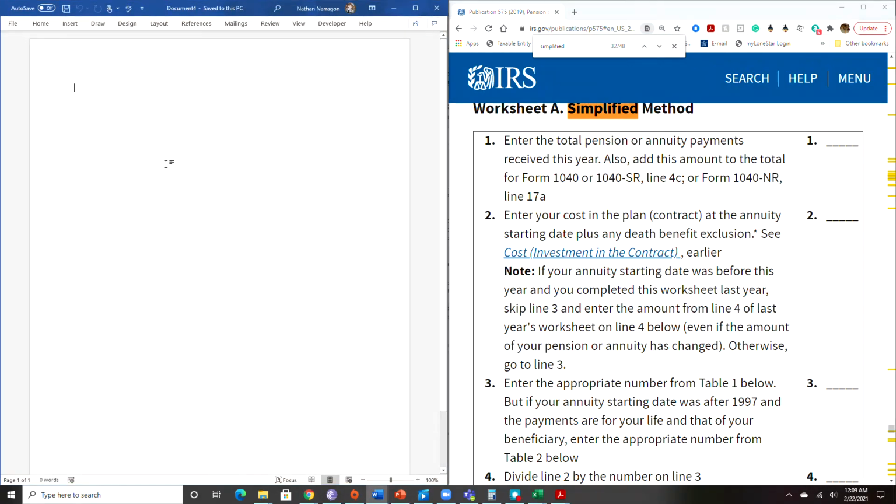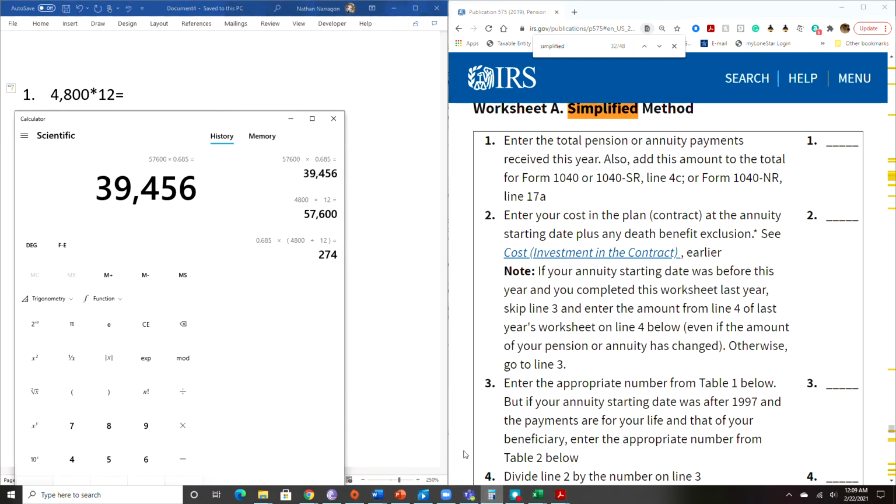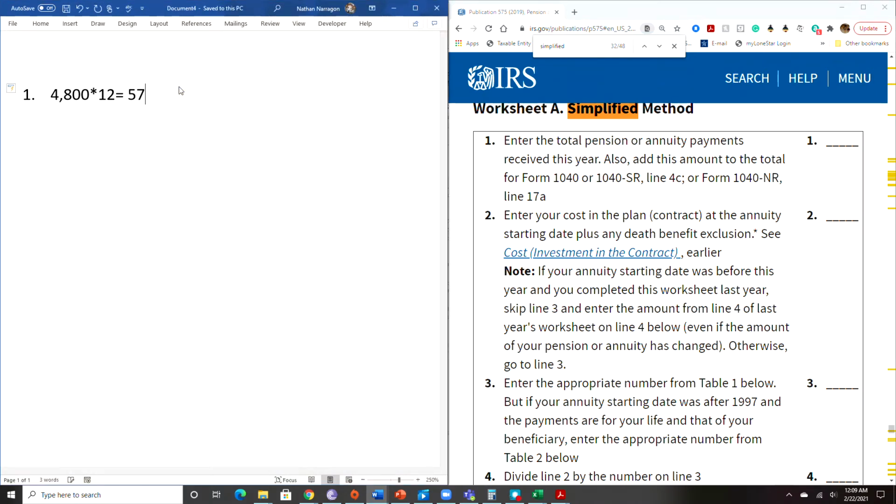Okay, so line 1 will be 4,800 times 12, which equals 57,600. Alright, step 2. Enter the cost of the plan at the annuity start date plus any death benefit exclusion. Okay, so the plan cost was $750,000.